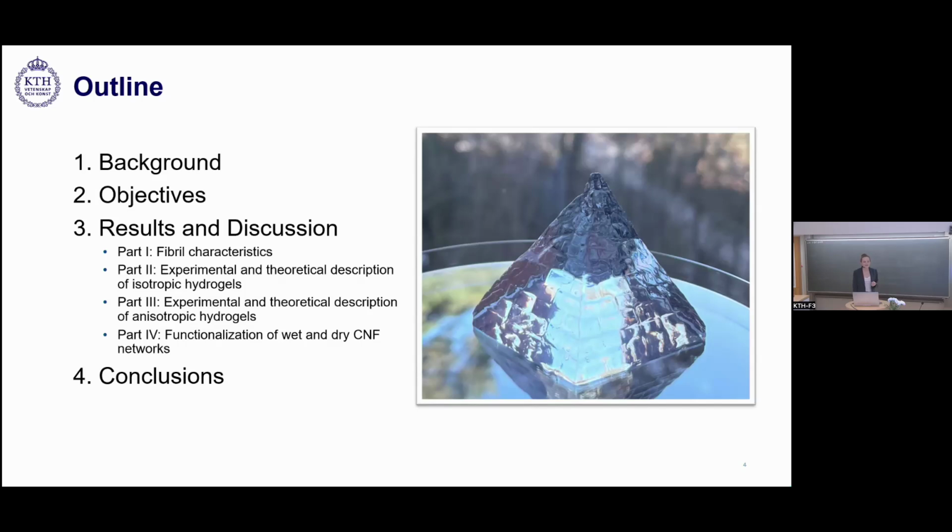And then I will cover the experimental and theoretical description of isotropic hydrogels in the second part. And in the third part, we will focus on anisotropic hydrogels. And then in the final part, we will actually look at how can we functionalize both wet and dry CNF network structures to add new properties to these materials. And then in the end, I will also state the conclusions we have drawn from this work.